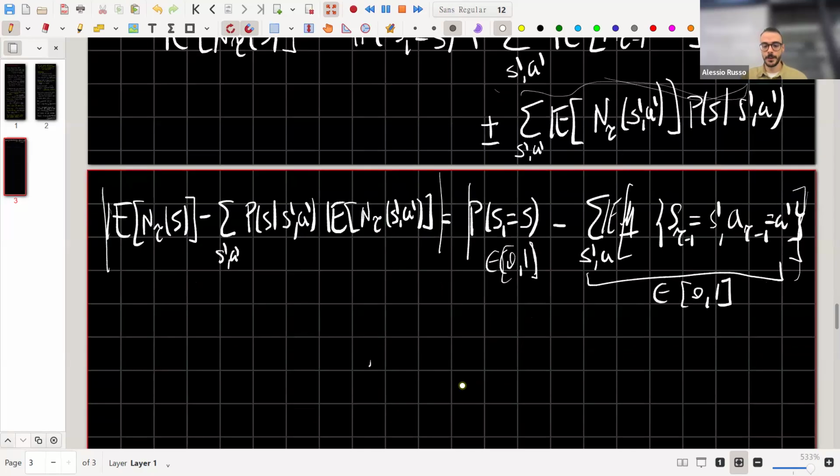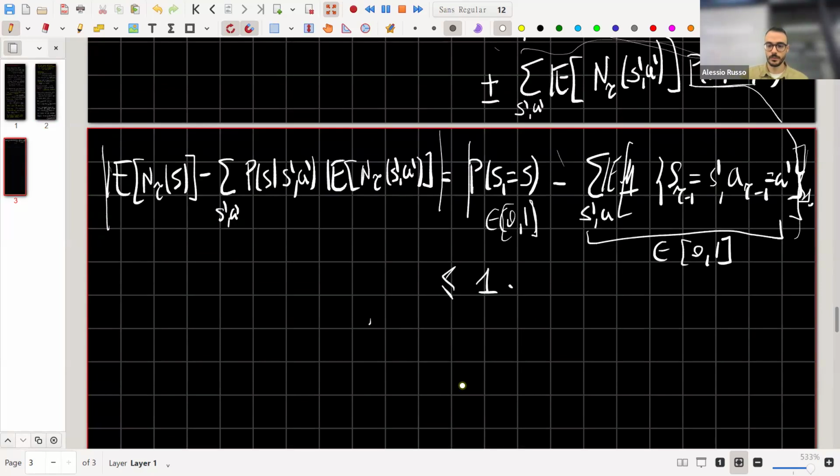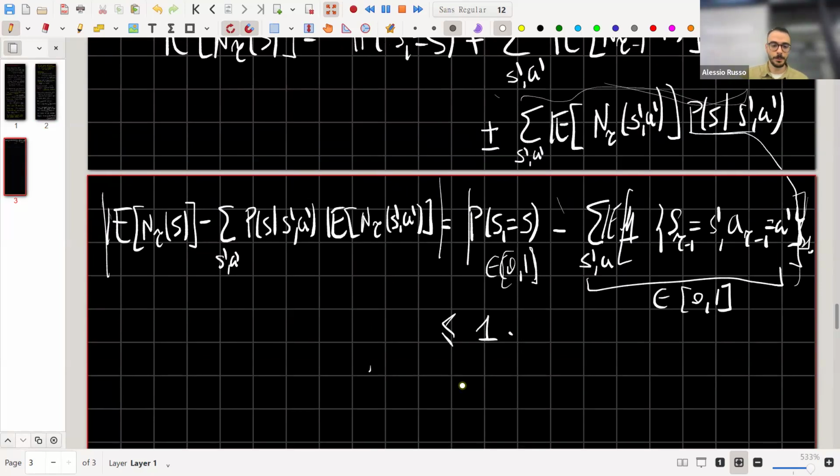So since we have a difference, we have shown that the left-hand side is upper bounded by 1 in absolute value. And here, I think I also forgot that there was this term appearing here.